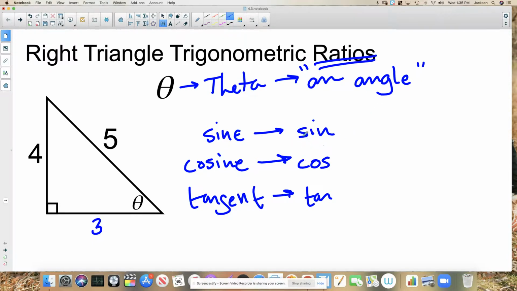Eventually we're going to talk about how these trigonometric ratios are actually functions that need an input. The input to a trigonometric function is always an angle. So when we talk about the sine of something, it's always the sine of an angle, and you're going to see theta show up a lot. So the sine of theta, and you remember this from your geometry course, is the opposite side over the hypotenuse.